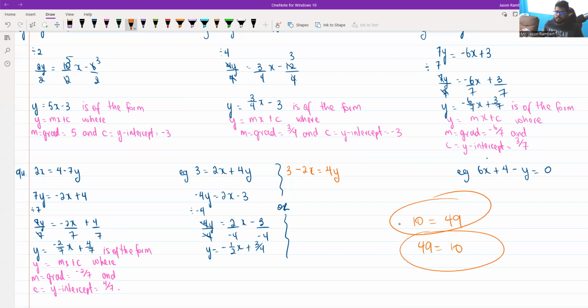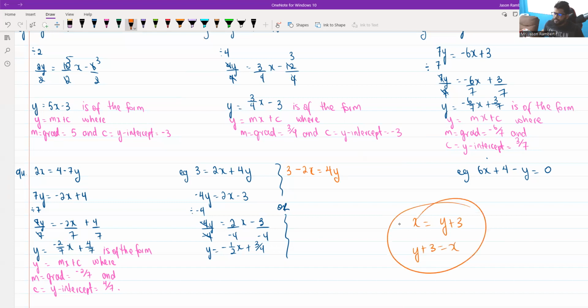It indeed does. So if I tell you, x is equal to y plus 3, and then I say y plus 3 is equal to x, these two things mean the same thing. Transition that up here. Instead of saying 3 minus 2x is 4y, I can say 4y is 3 minus 2x. Yeah?